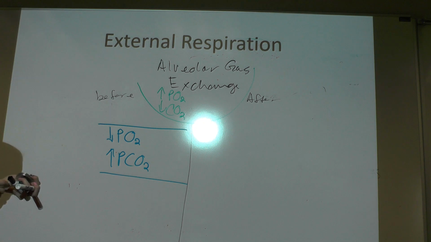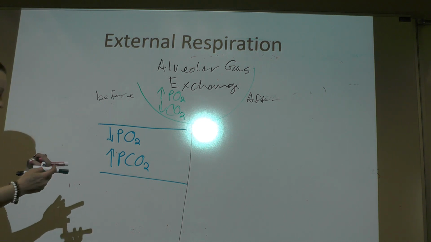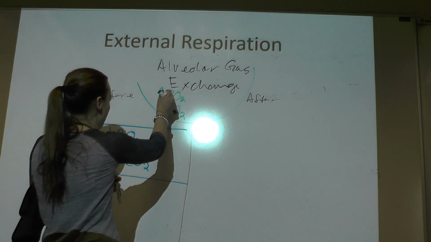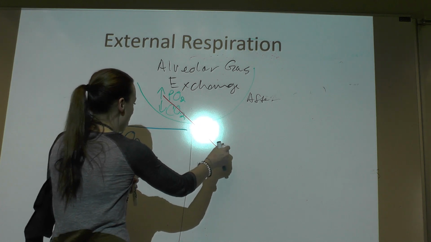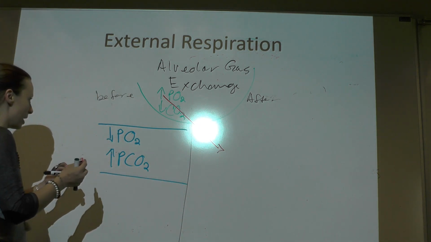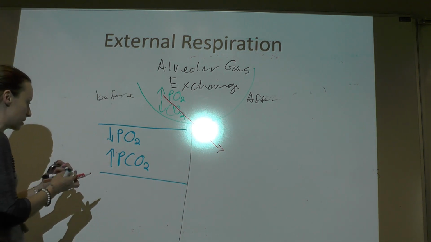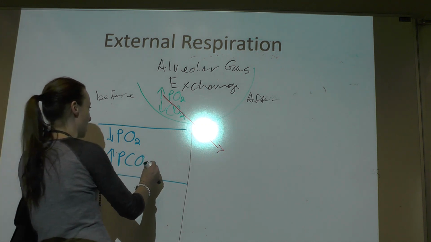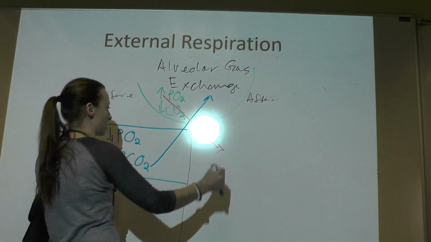So my gases are going to be exchanged down their pressure gradients. Oxygen is going to go from high in the lungs to low in the blood, and CO2 is going to go from high in the blood to low in the lungs.